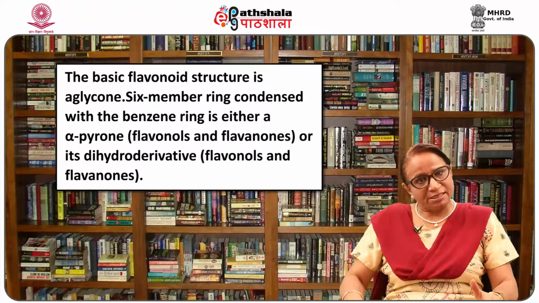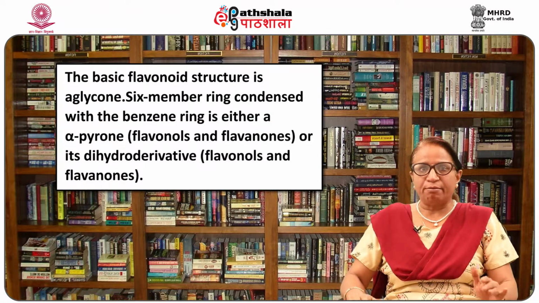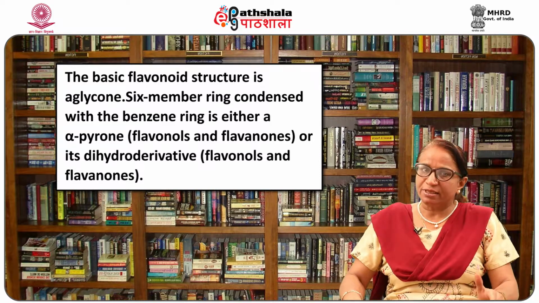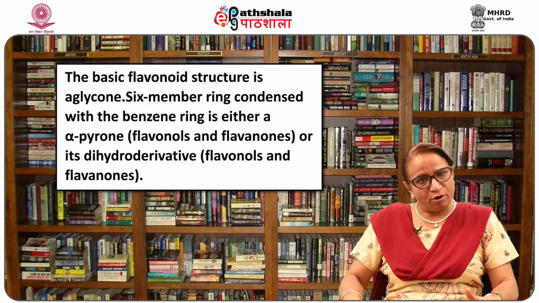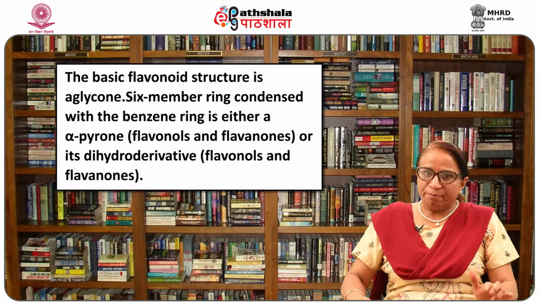Let me discuss derivatives of flavonoids. Flavonoids occur as aglycones, glycosides and methylated derivatives. The basic flavonoid structure is aglycone. The 6-member ring condensed with the benzene ring is either alpha pyrone or the dihydro derivative of alpha pyrone.